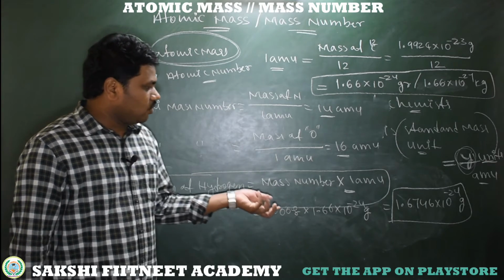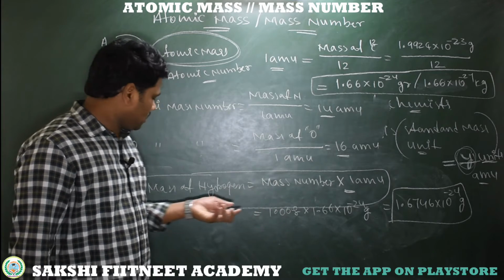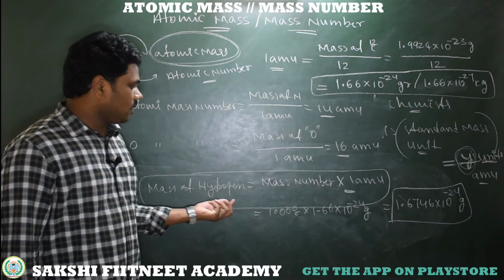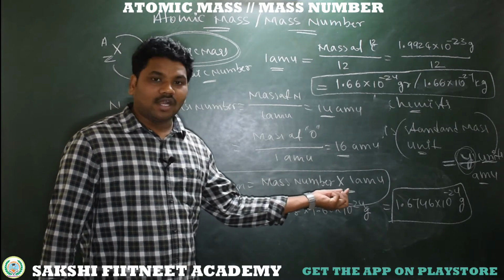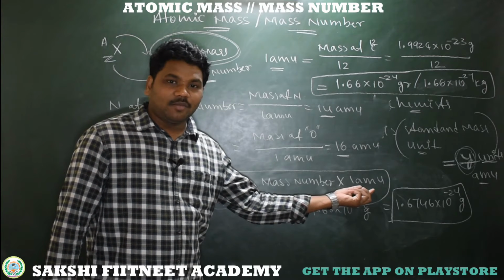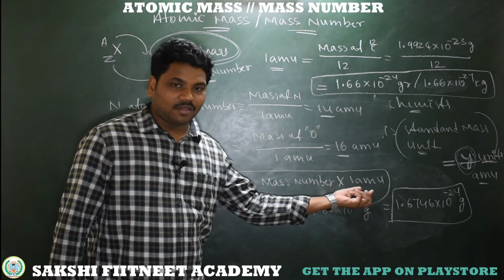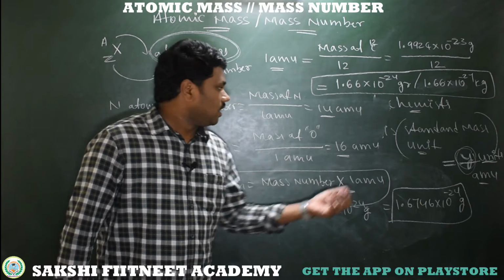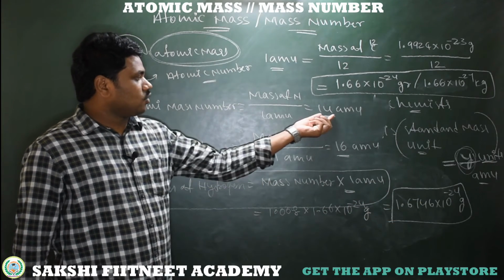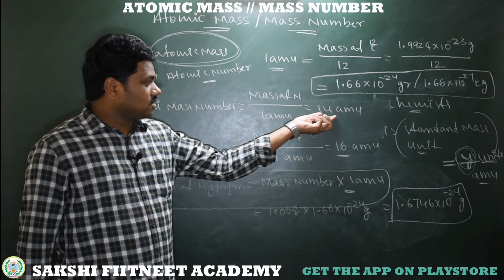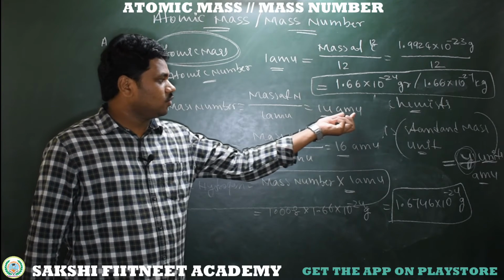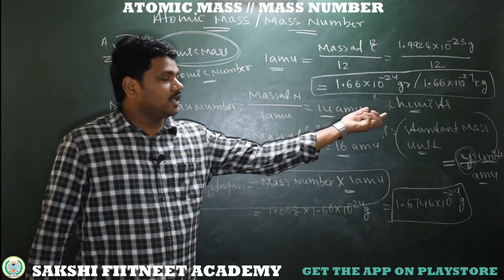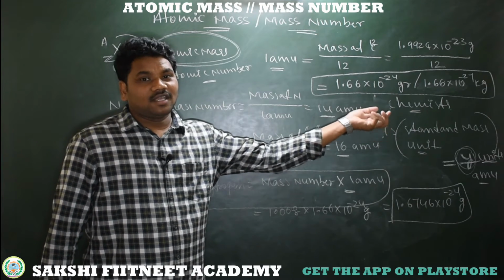Simply, how can we calculate the actual mass of any element? The mass of any element is equal to the mass number multiplied by the atomic mass unit, then you will get the actual mass in grams or kgs. For example, here nitrogen is there. What is the actual mass of this nitrogen in grams? 14 into AMU. Then you will get the actual mass in grams and kgs.